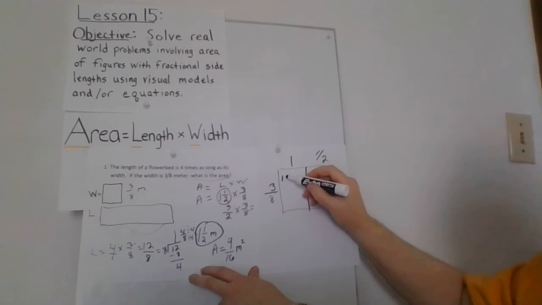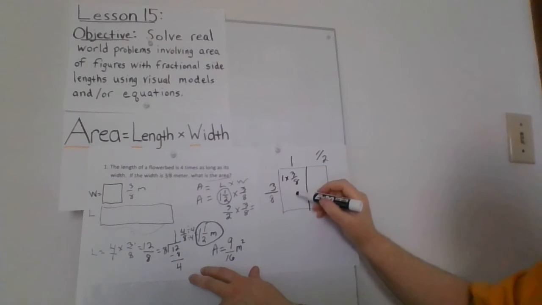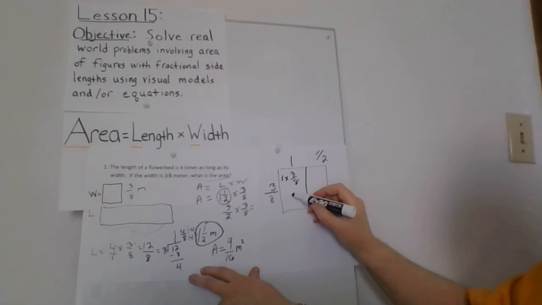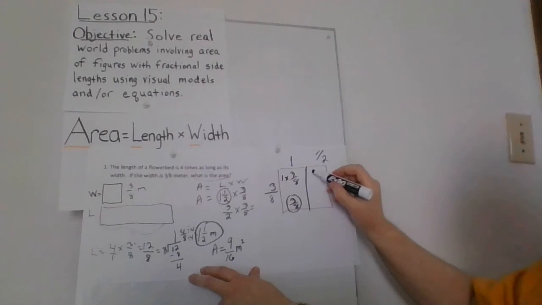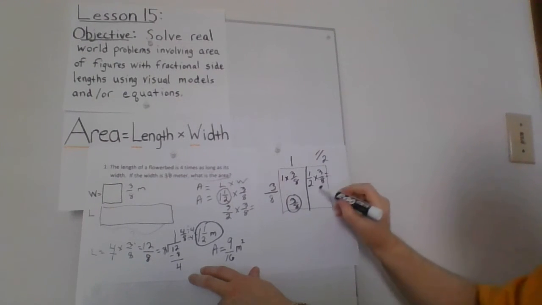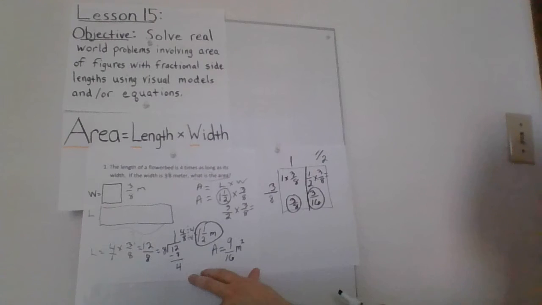I'm going to do 1 times 3/8, and 1 times 3/8 would give me 3/8 for this part. And then in this section I would have to do 1/2 times 3/8. We do 1 times 3 is 3, and 2 times 8 is 16. So this is my piece for that.